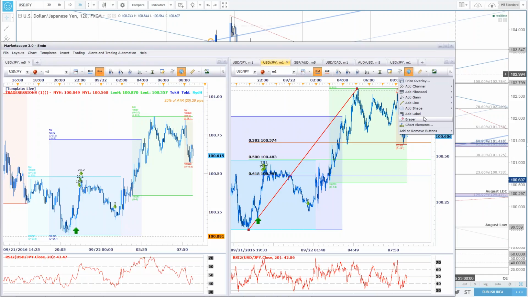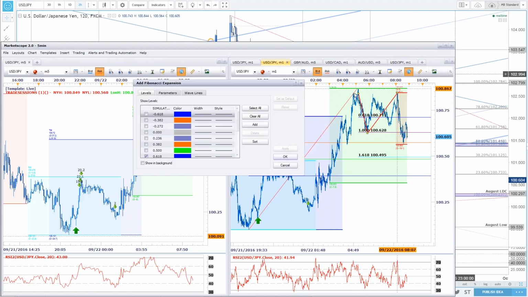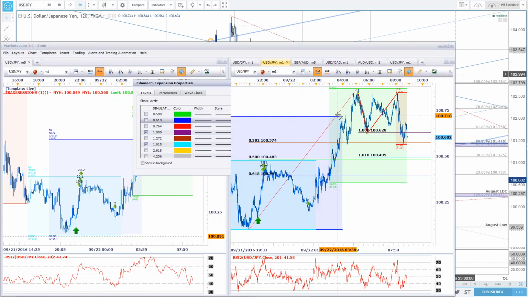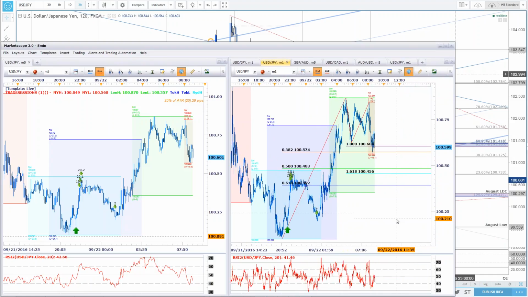And I also want to see what that extension off the high looks like. Okay, so an area of interest for me would be right here, Eileen.